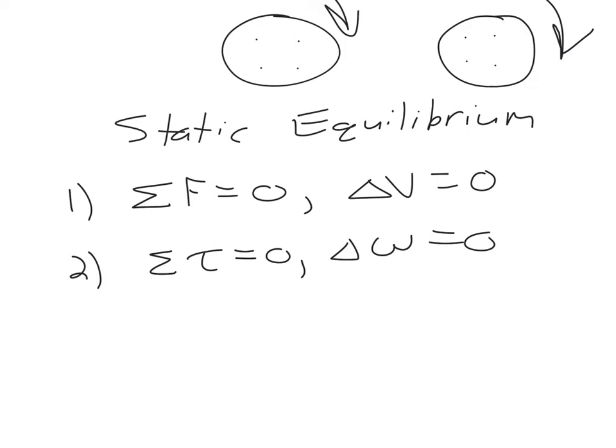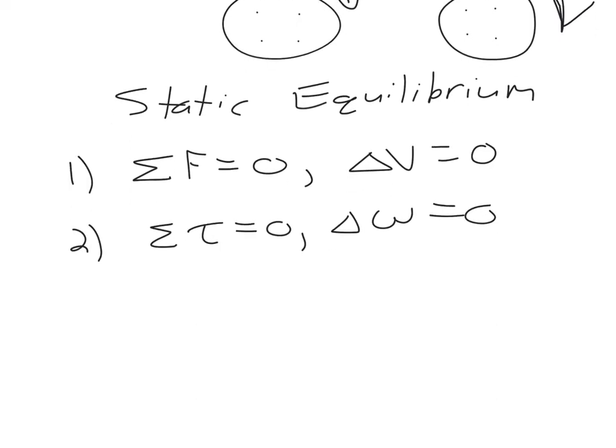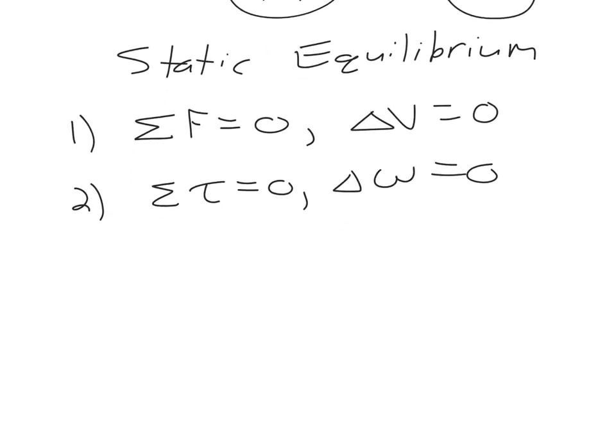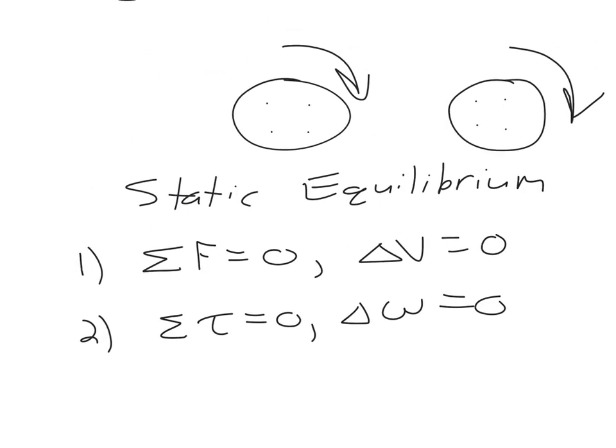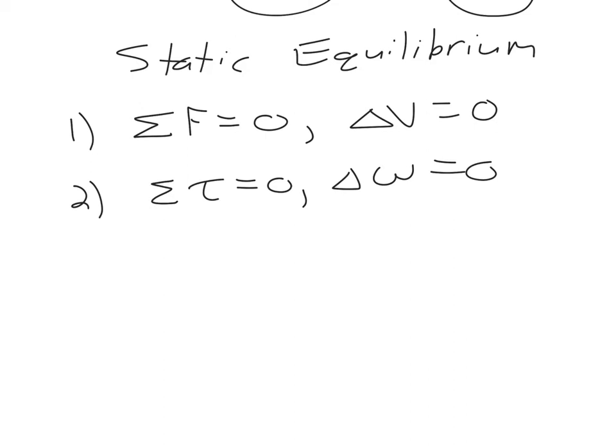But most commonly, what you will see with static equilibrium problems is non-moving objects like buildings. Static equilibrium is used by engineers all the time when they have to build stuff. So we'll use things like, a very common one, signs.